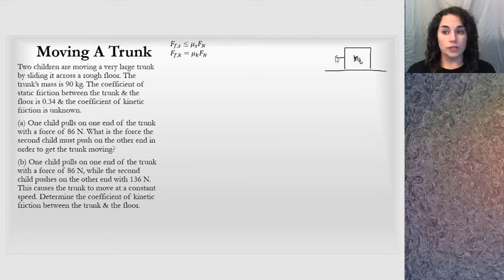One is pulling on a trunk with a force F1, and the other is pushing on the trunk with another F2. And those could be given values, or they could be things that we need to solve for. Okay. In this situation, we also need to get a friction force going. We noted that before there was a friction force going, and we can have that in the free body diagram.